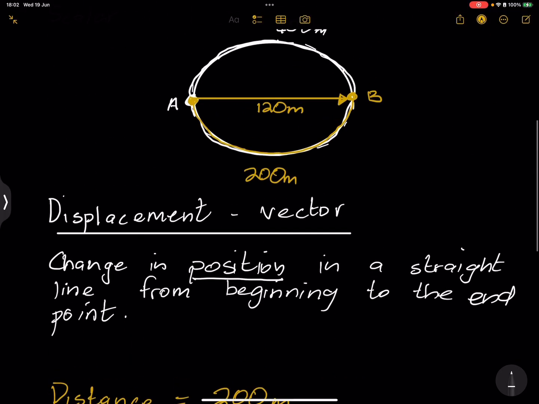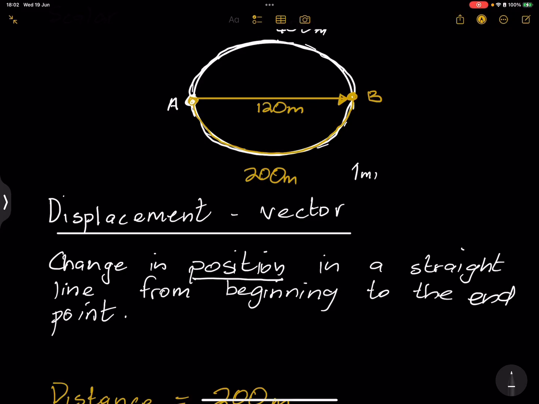Now let's assume that a runner that was running across this field, let's say from point A to point B, would have taken, let's just say for argument's sake, 1 minute. Okay, oh, that's a long time to be running 200 meters, but let's just say it took 1 minute.